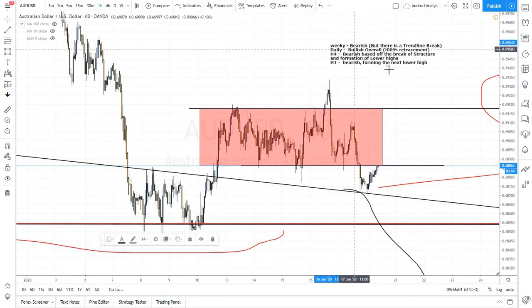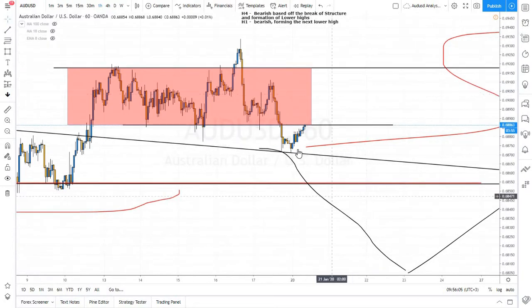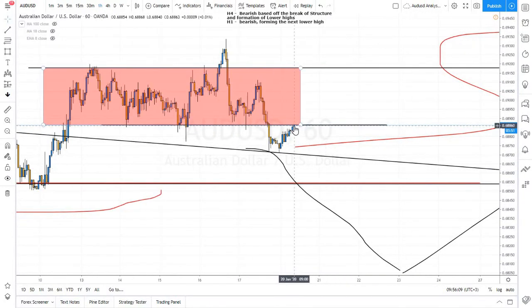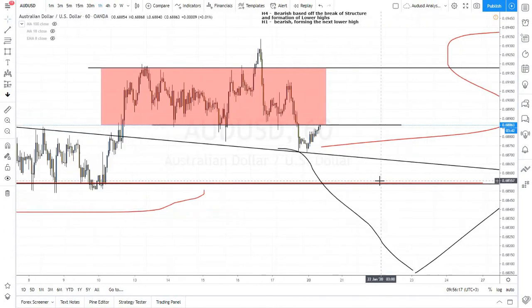So at this point, we are looking at scenario 2, the black scenario, where the market is expected to either find resistance where it is, then start dropping all the way down to maybe this particular zone.